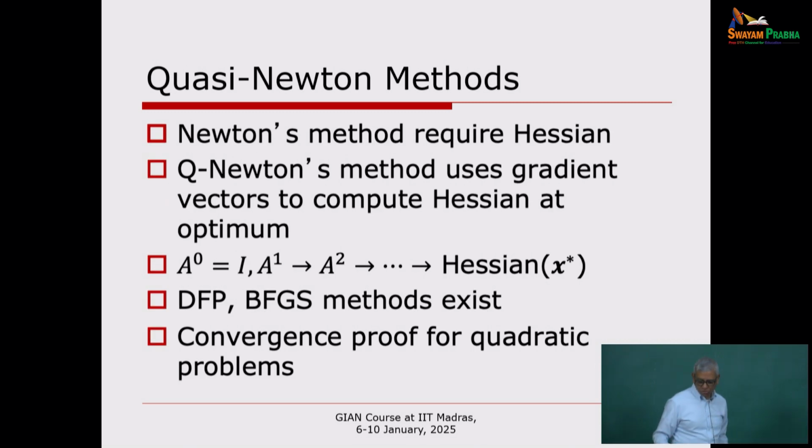The last one I'm going to talk about before the break is the quasi-Newton method. Newton's method uses second order derivative, and the second order derivative needs lots of function evaluations if you want to compute it numerically. So there are pseudo Newton methods.